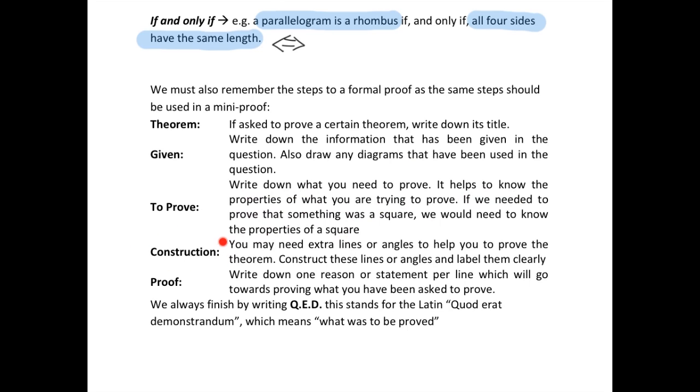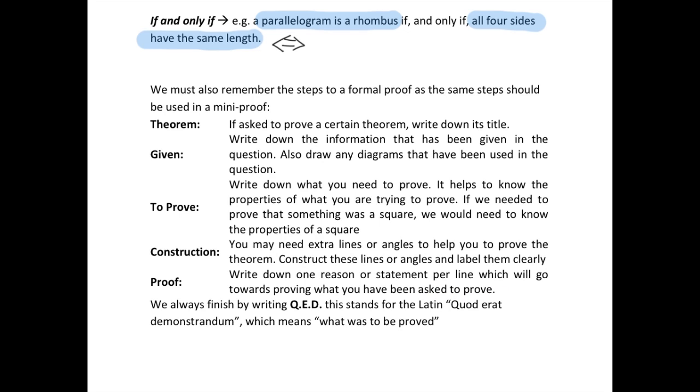In some mini-proofs, you may require a little bit of construction. You may need some extra lines or angles to help you prove the theorem. So we construct these lines or angles and we label them clearly, and then our proof. And this is the most important part. We write down one reason or statement per line, which will go towards proving what you've been asked to prove.